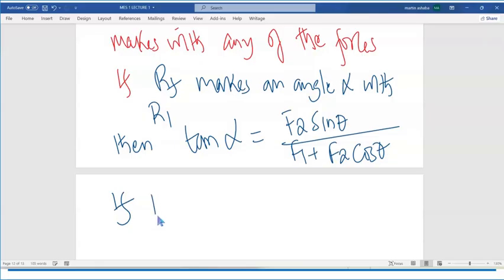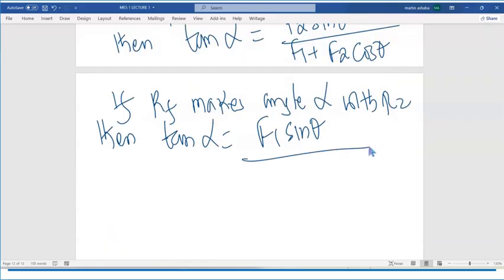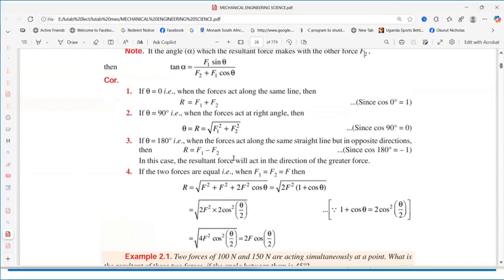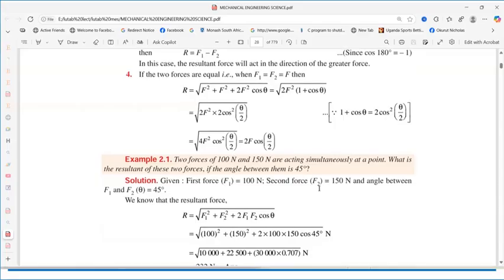Now, if RF, or the resultant force, makes an angle alpha with R2, then tan alpha is equal to F1 sine theta divided by F2 plus F1 cos theta. That one can be proven, but for purposes of simplicity, we shall leave it at that.